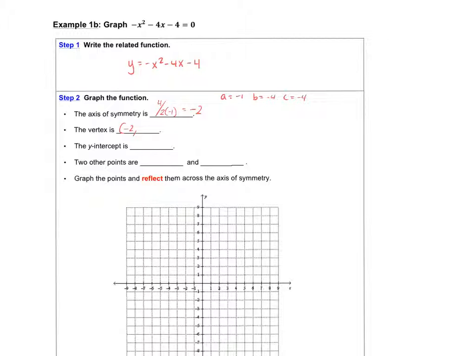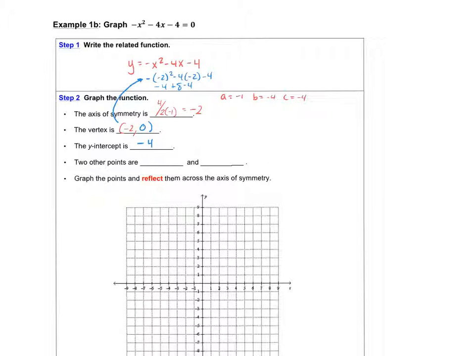To find that out, we plug that into our original equation. So negative 2 squared minus 4 times negative 2 minus 4. And be sure to use PEMDAS, so negative 2 squared is 4, so that would be negative 4 plus 8 minus 4. Negative 4 plus 8 is 4, minus 4 is 0. So at negative 2, y is 0. The y-intercept is at negative 4.